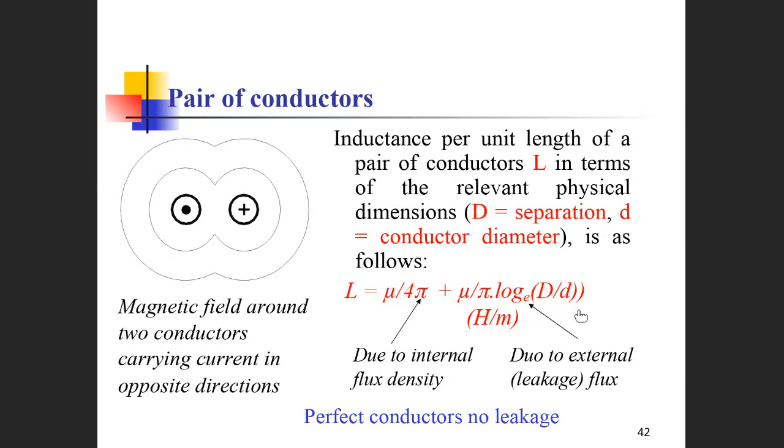When they are very, very close to each other, that means D equal to 0, the external magnetic flux will totally cancel. Suppose this conductor and this conductor overlap. The external flux will be 0 because the current in one is into the paper and the other is out of the paper, right? So their total flux externally will be 0.